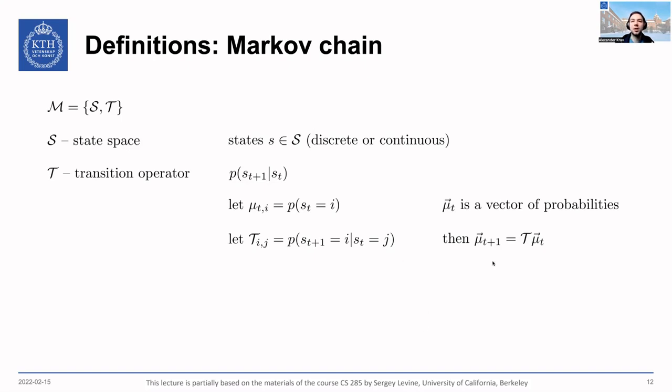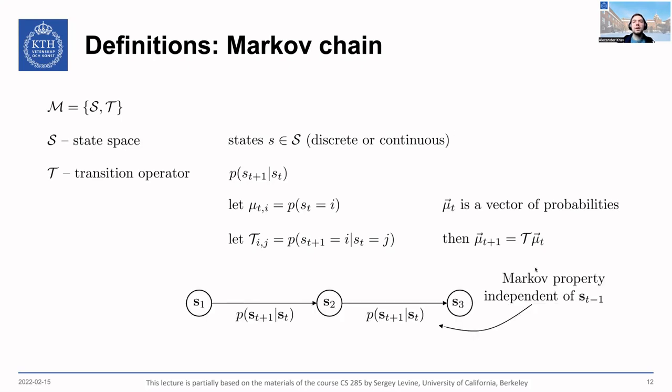So that means that if you have a certain distribution of the possibilities of states at time t, then you have this transition matrix which you multiply by this vector, and you get a new distribution at time t+1. And again, here we can see that the transition matrix is just one single matrix.